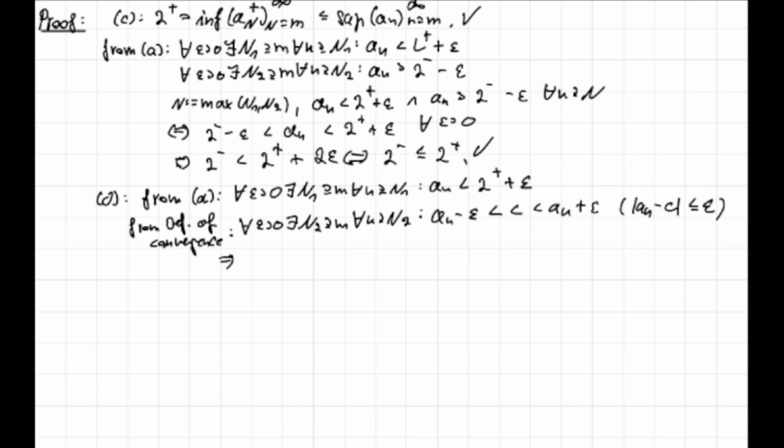So from this follows, if we choose again the maximum, of course, that C is smaller than an plus epsilon is smaller than L plus epsilon.